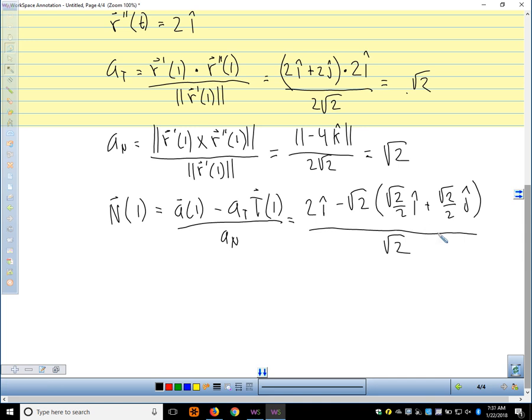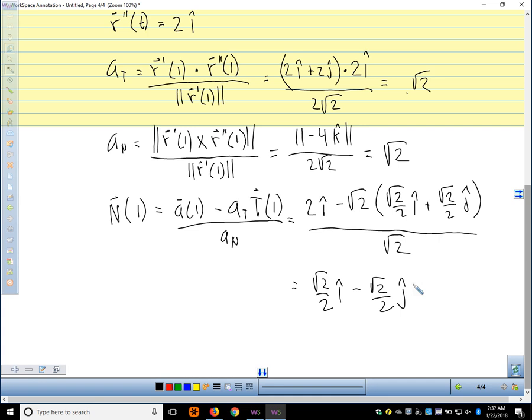And we just get i minus j over the square root of 2. And there's our principal unit normal vector at t equals 1.